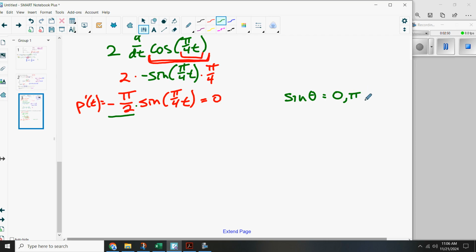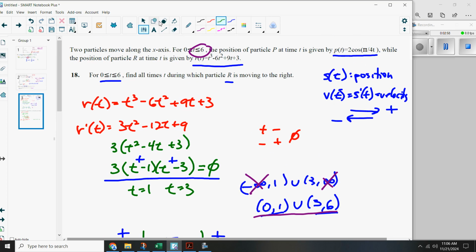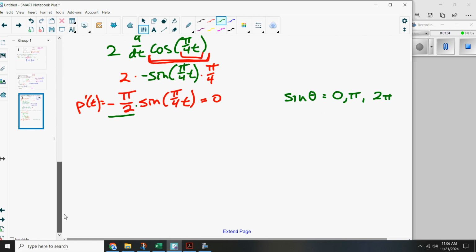It also equals 0 at 2 pi, but remember, we're only looking at the interval 0 to 6, and 2 pi is greater than 6. So these are the only 2 places, 0 and pi, where sine would be equal to 0.